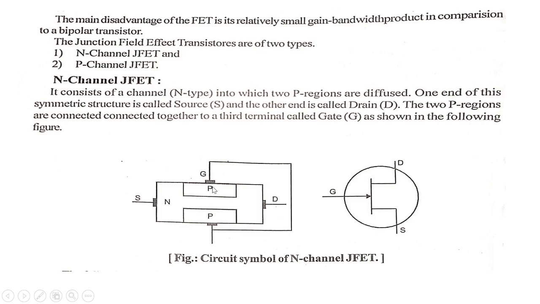One end of this symmetric structure is called the source, that is the source terminal, and the other end is called the drain D. The two P regions are connected together to a third terminal called the gate. See, these two P regions are combined together here, and that terminal is known as the gate G, as shown in the figure.